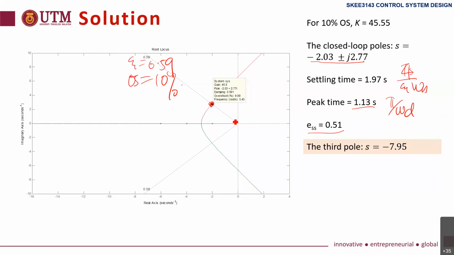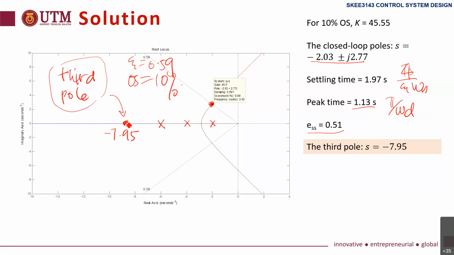These are the open loop poles, and of course we have another one here, the third pole. Please apply the formula to get the third pole, which, if you calculate, you get minus 7.95.